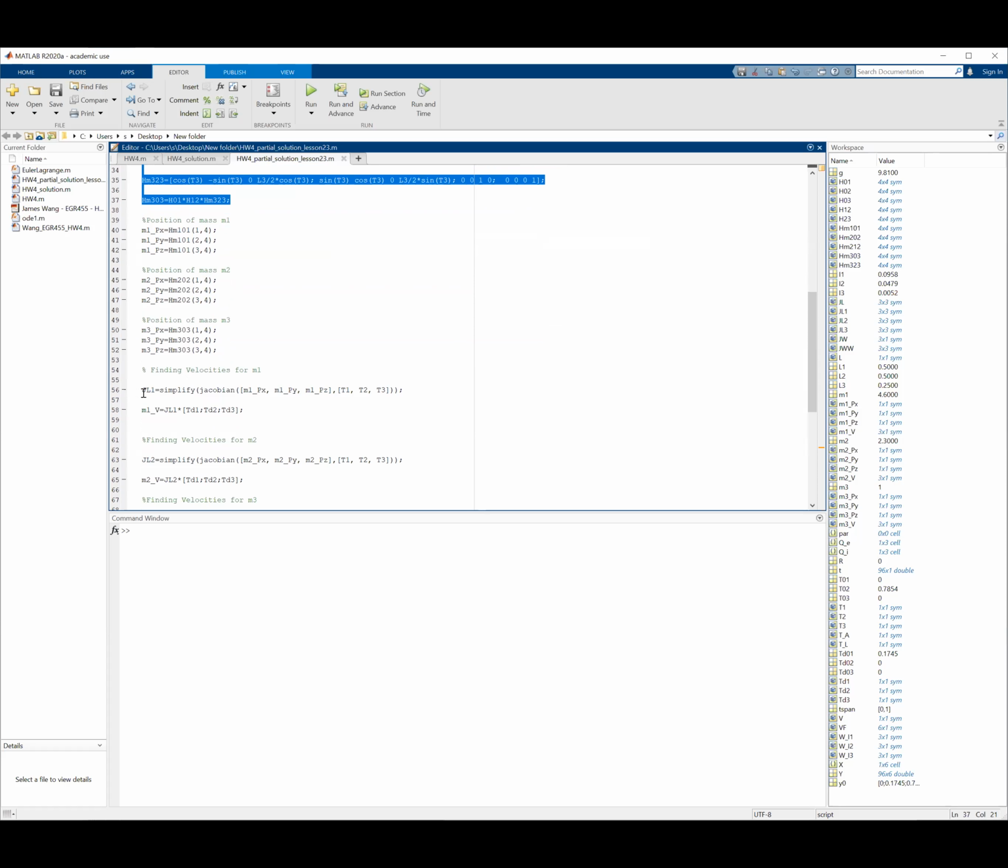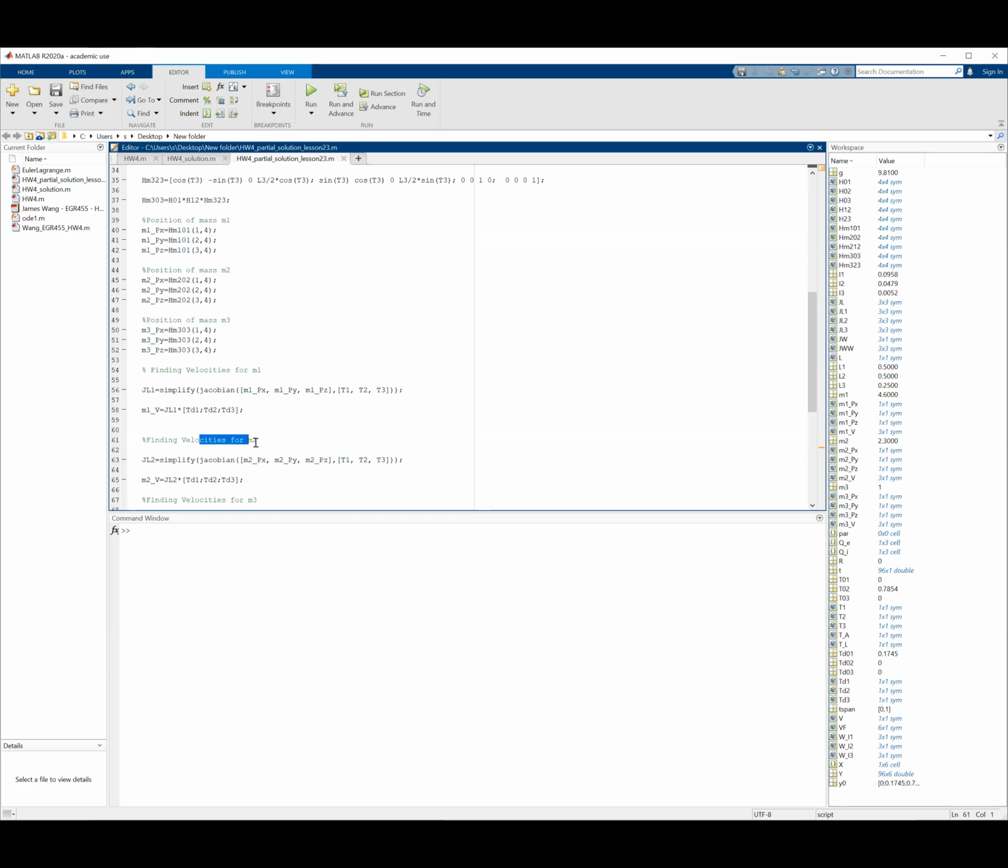Next thing is I want to find the velocities of mass m1. And here I'm using a trick shortcut. I'm finding the Jacobian of m1 px, m1 py, m1 pz with respect to the joint variables theta 1, theta 2, theta 3. And the velocity of mass m1 is the Jacobian multiplied by the derivative of the joint variables.